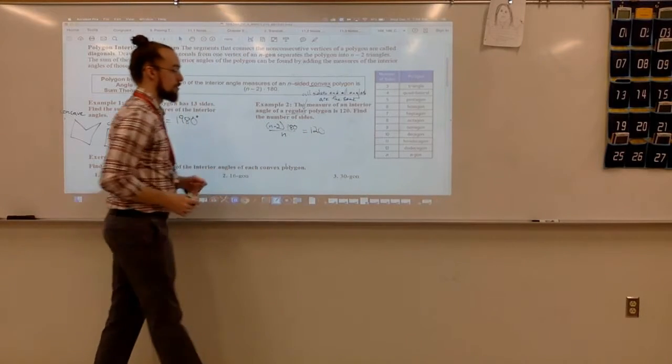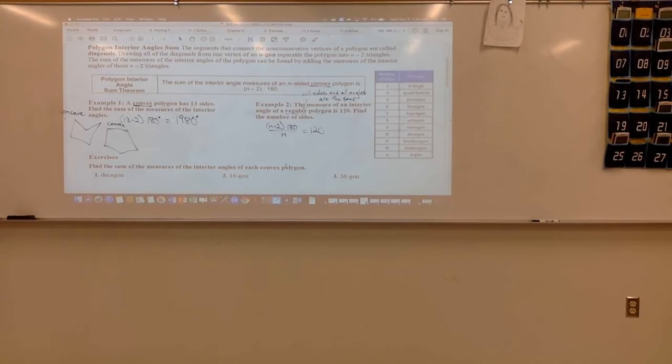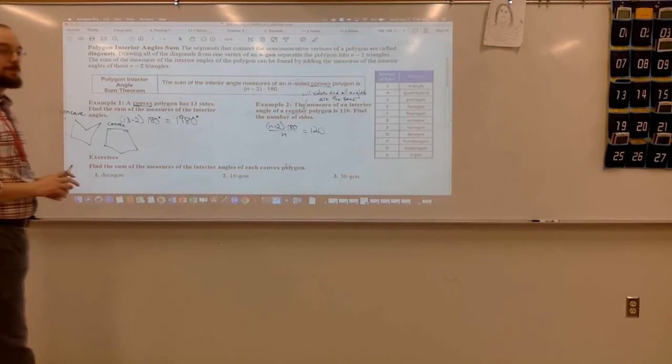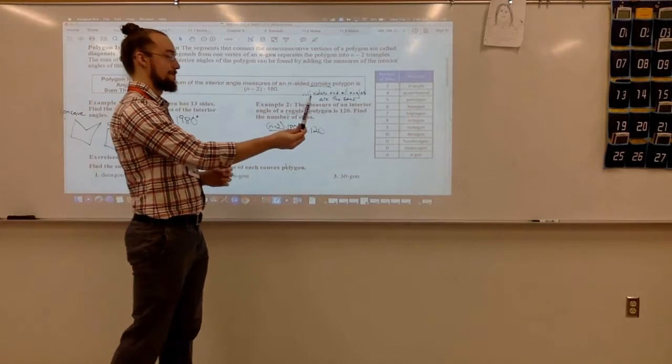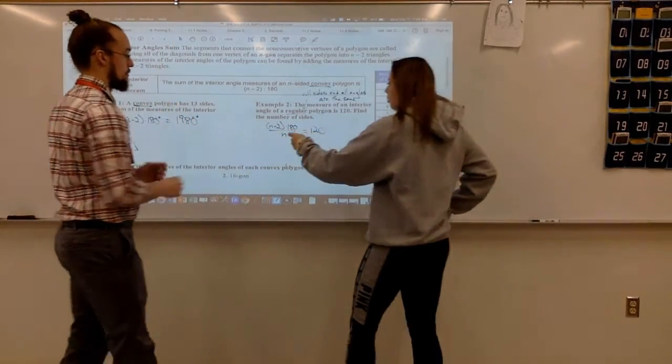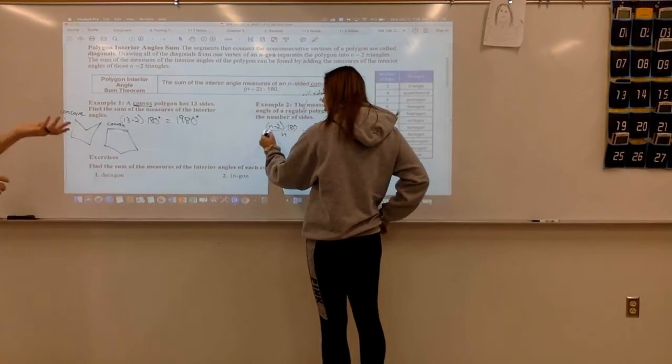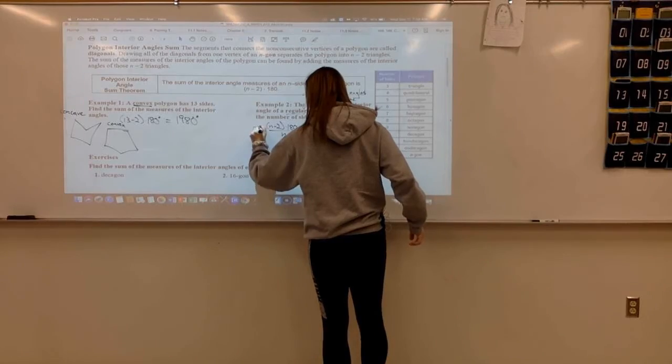So I want to solve this equation. How would I solve something like that? We want to multiply it by n.